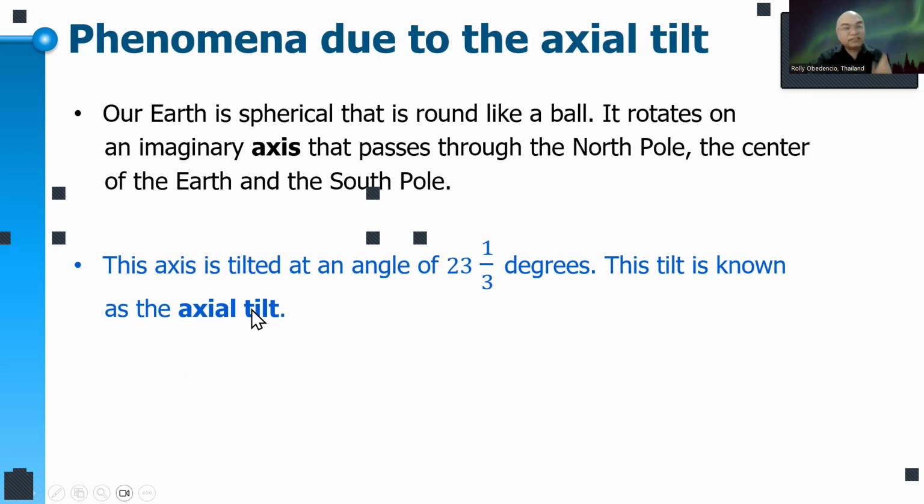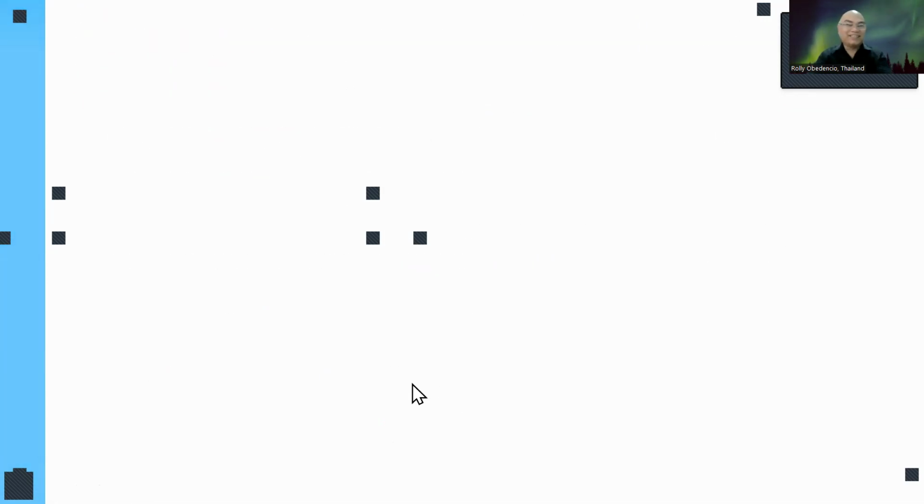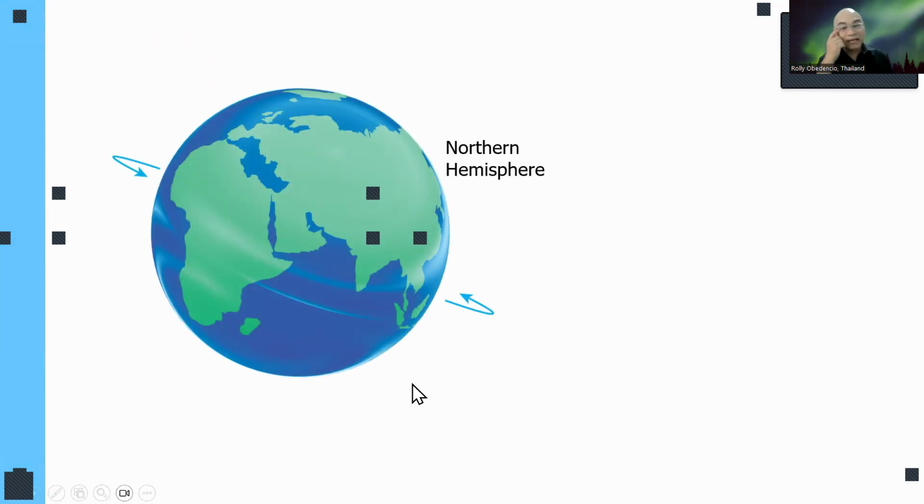This tilt is known as the axial tilt. The axis is tilted in the same direction throughout a year while the Earth revolves around the sun. Okay? Now look at this picture of the Earth.